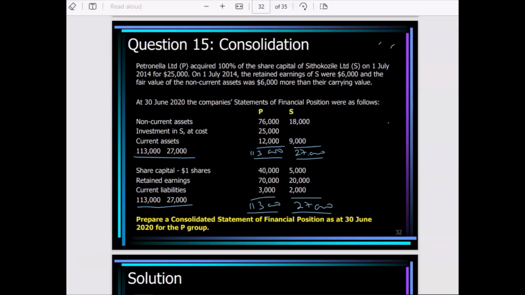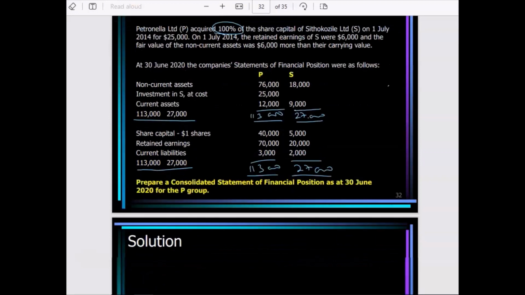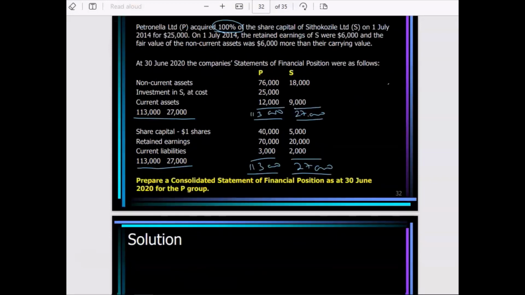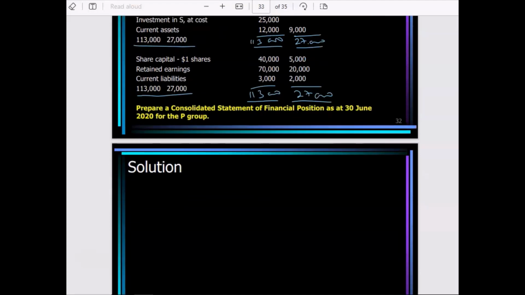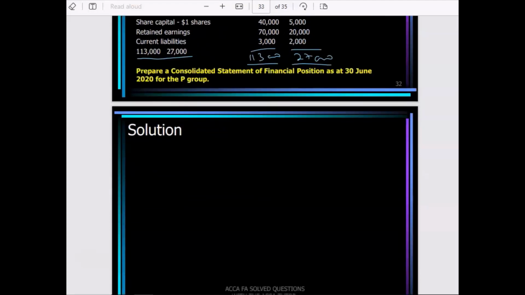Now, because the question is saying prepare the consolidated statement of financial position as at 30 June 2020, and remember P purchased 100% of the share capital of Stokosi, which means that there is no NCI, there's no non-controlling interest in this case. So the first working we need to consider is goodwill. So let's determine goodwill.